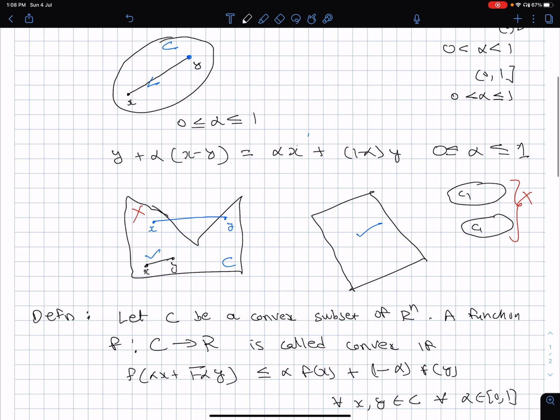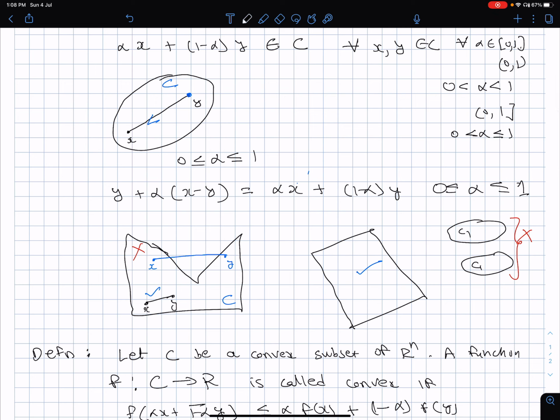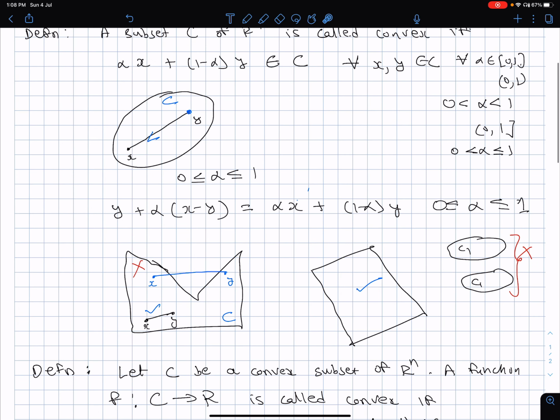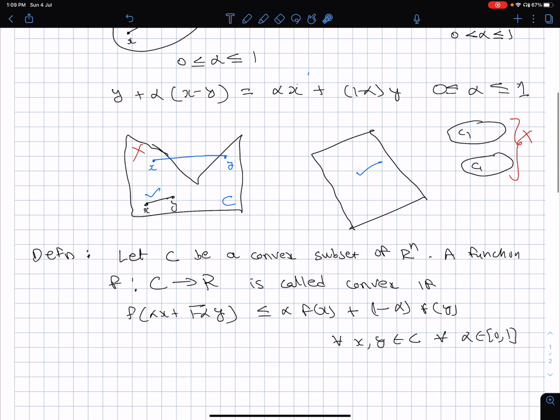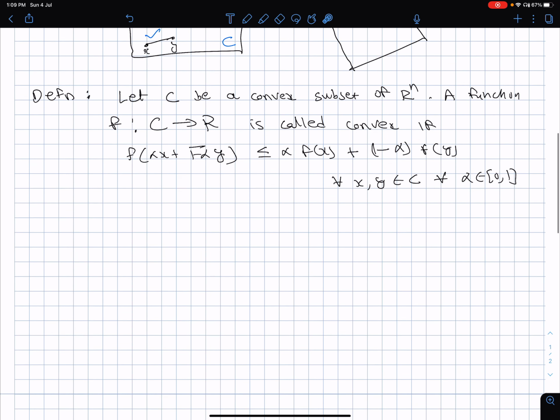Whenever I say x, y in C, a combination like this, alpha x plus 1 minus alpha y, where alpha can be between 0 and 1, 0 and 1 included, I will call it a convex combination. This line segment is what is called a convex combination.